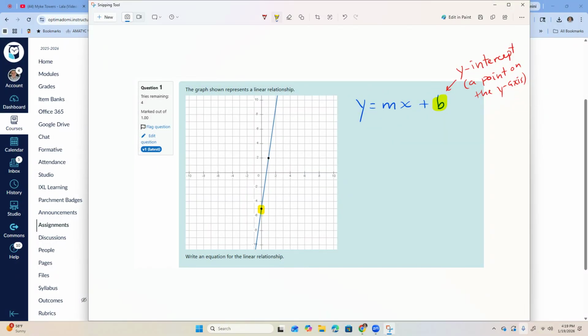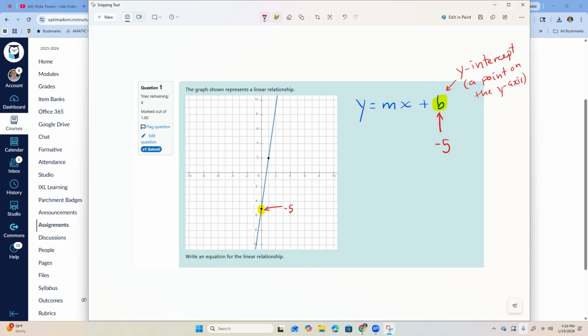You can see it touch it right there. I highlighted it in yellow. The number that this dot is on the y-axis is -5. So that means that my b is going to be -5.